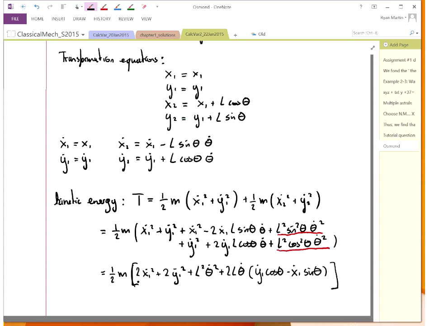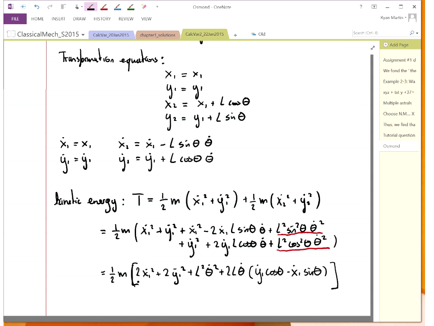For problem 1.7, which is those two masses that are connected by springs, you have to find the number of degrees of freedom. Then you have to choose suitable generalized coordinates that match the number of degrees of freedom.